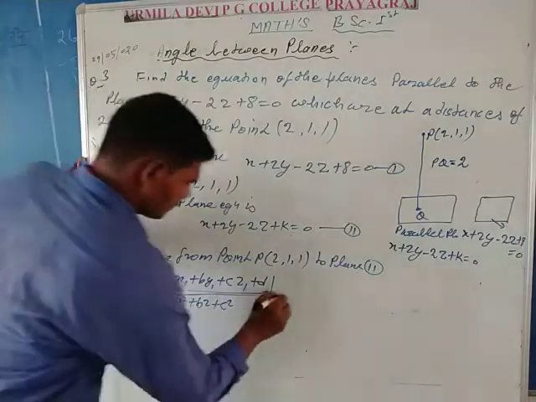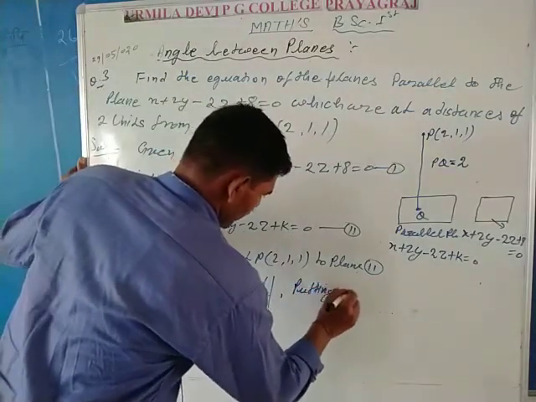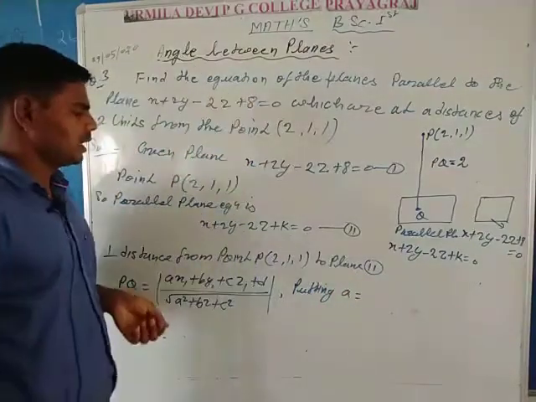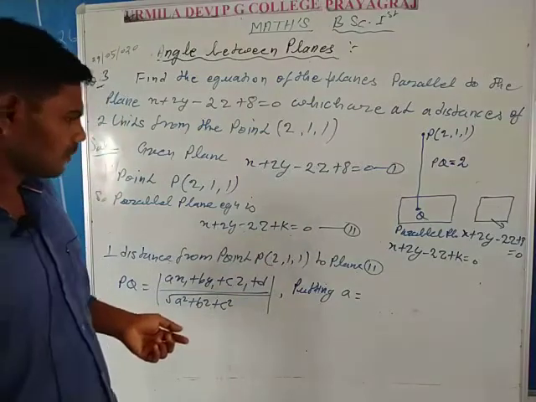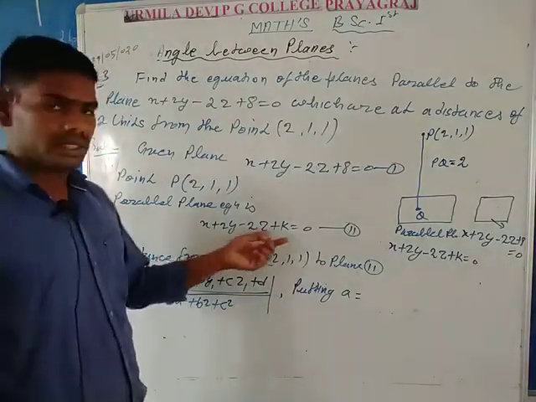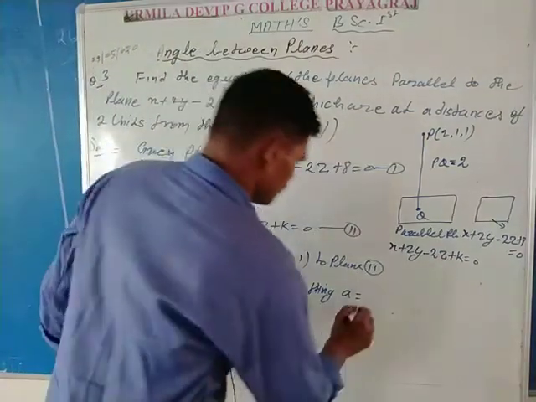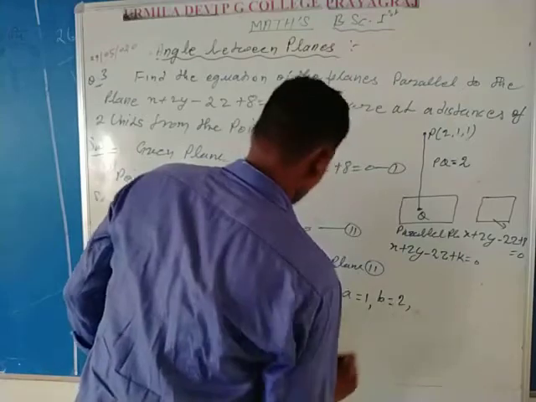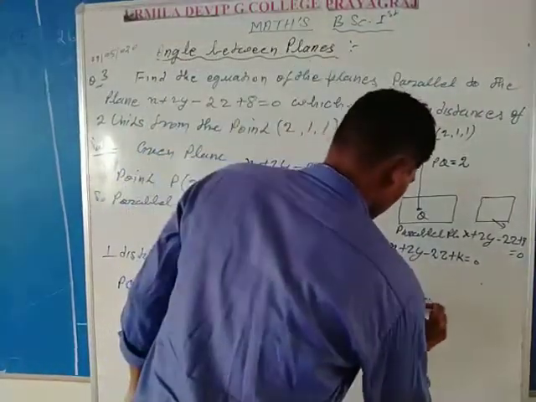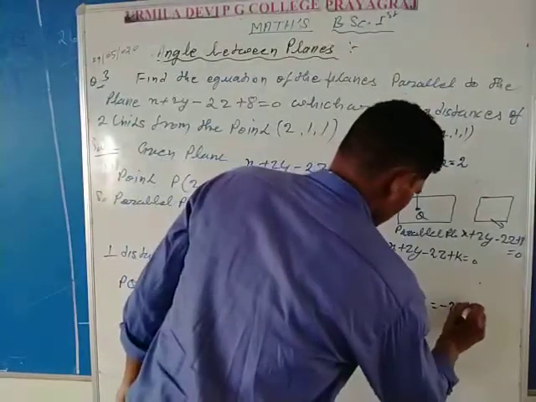Therefore, A, B, C are the coefficients of x, y and z in the second plane. So the coefficient of x is A equal to 1, B is equal to 2, the coefficient of y, and C is equal to minus 2, the coefficient of z.